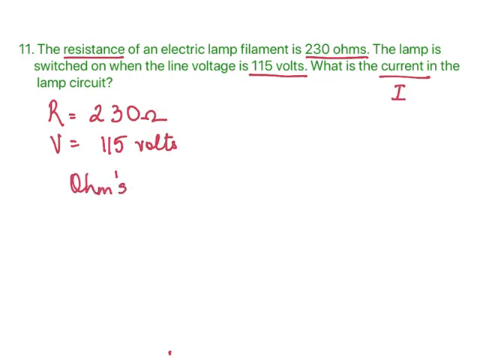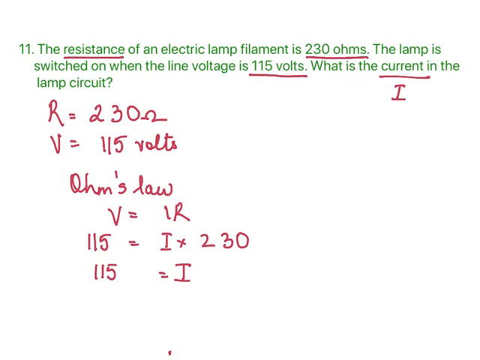Here, quite a direct sum. Ohm's law, V equals IR. Putting in the values, 115 equals I, which we don't know, into R, which is 230. So the current flowing will be 115 over 230, that is 1 by 2 amperes.